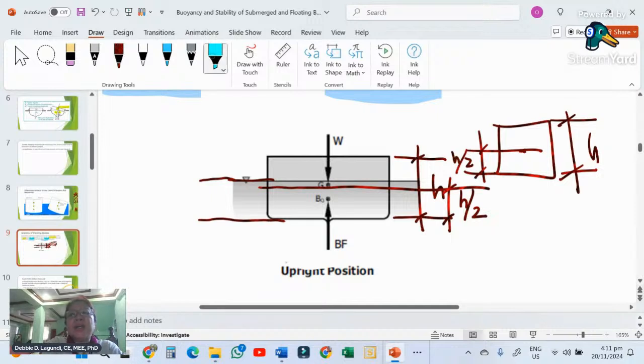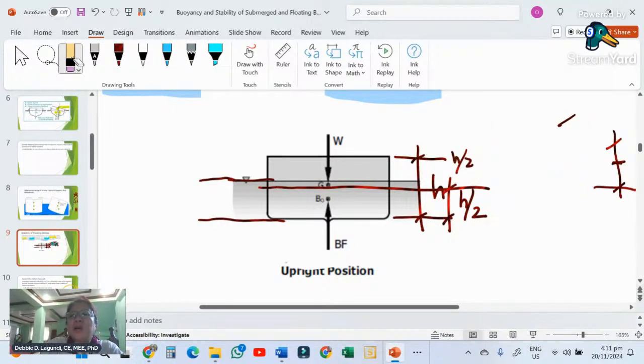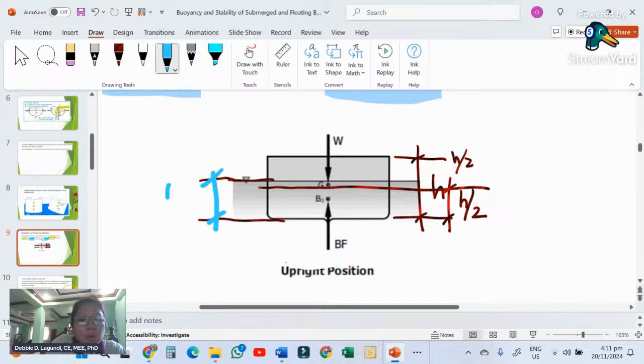But when it is submerged, for example, this is the height of submersion, then the center of buoyancy of the submerged part will be half of the submerged part. So here, this is your H2.